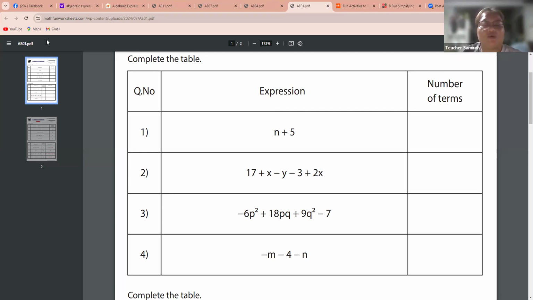And then for question number 3, how many terms can we also find? Same with question number 4. How many terms can we see for questions 2, 3, and 4?